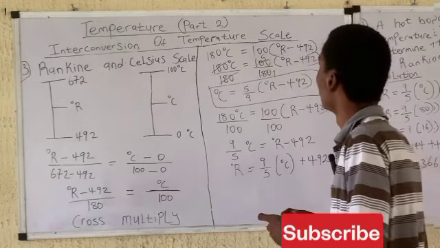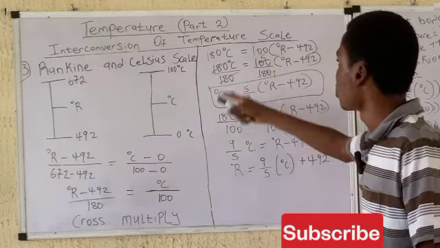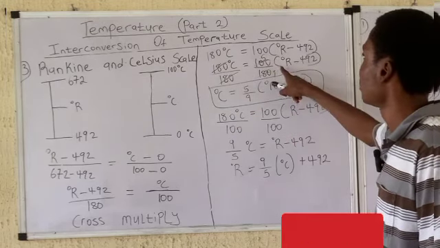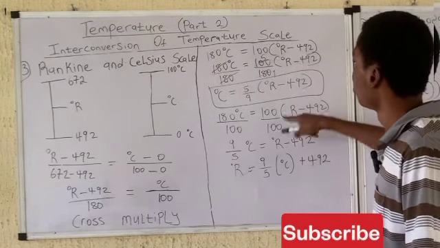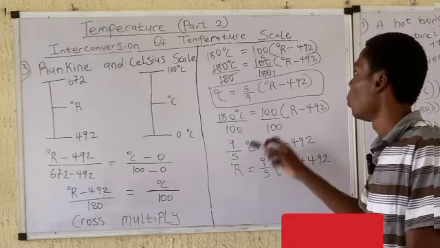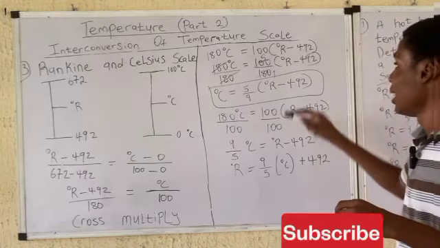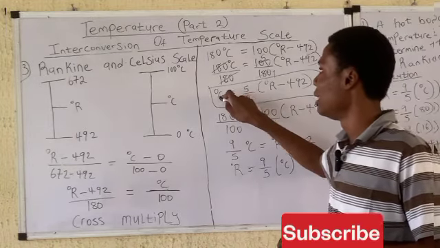So our degree Celsius equal to 5 over 9, which we have here in bracket Rankine minus 492, which we have here. Now, we have derived our formula for converting Rankine to degrees Celsius.